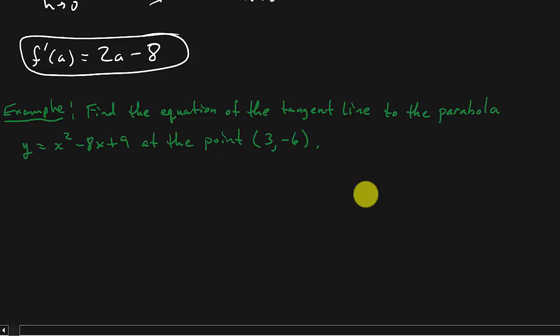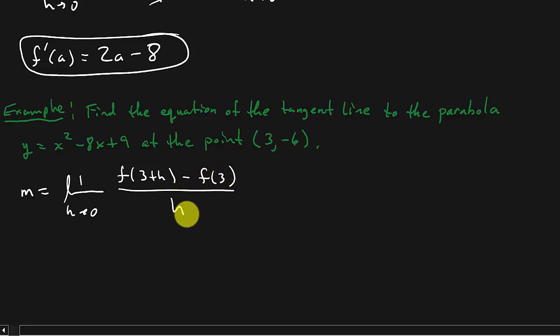Now, just think about this for a minute. If you're taking notes, don't write this down. The limit as h goes to 0, and that would be what? That would be f of 3 plus h minus f of 3, over h. You would have to take this and plug it in for the x's and then find f of 3 and all that stuff.